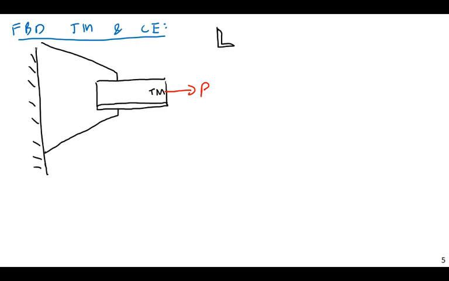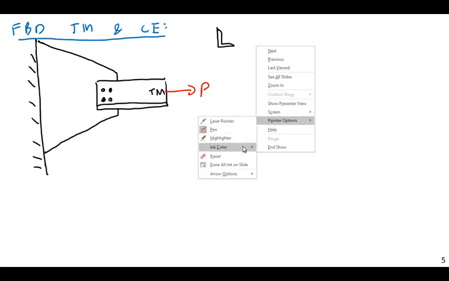That will give me more surface area in order to form a weld or a bolted connection that allows me to join this to the column. Now this is definitely not to scale. It's a little bit off, but I'm just trying to give myself enough room to illustrate what I want to show. Okay, so this is what it looks like in general. This isn't really the free body diagram yet, but let's keep it simple and say this is a bolted connection with a couple of bolt holes.